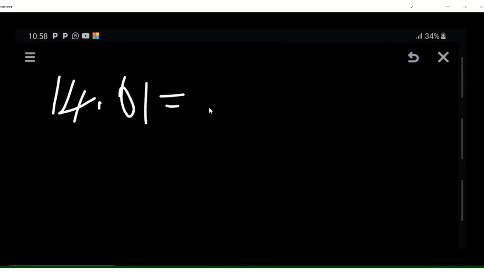So write 14.01 is equal to... I say you use 14.01 to equate your equation, which is 14.0031x plus 15.0001 open bracket 1 minus x.